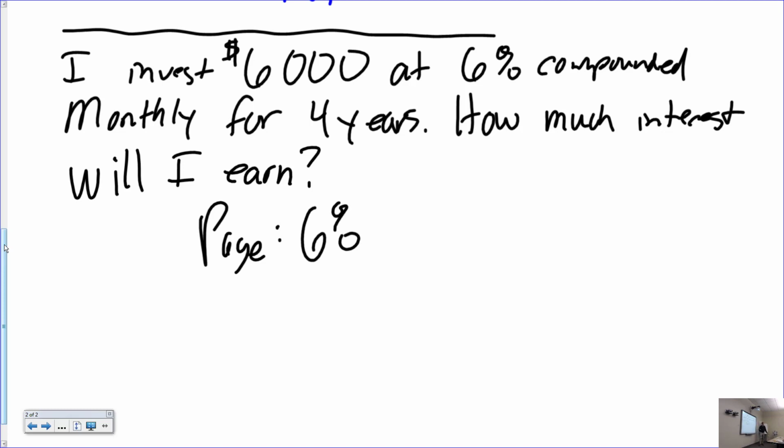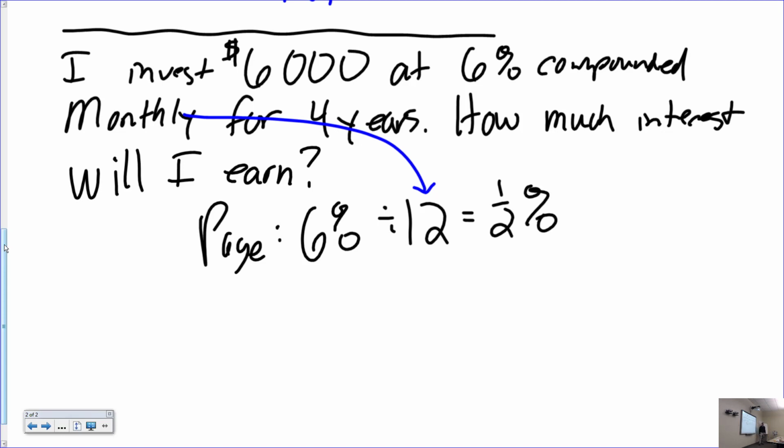We have to divide it by 12, because there are 12 months in a year. What's 6 divided by 12? Make sure you divide in the right order. It's not 12 divided by 6, it's 6 divided by 12. You're taking a number and dividing it by a bigger number, so you should expect it to be smaller than 1.